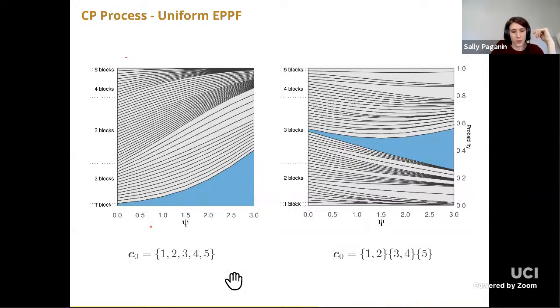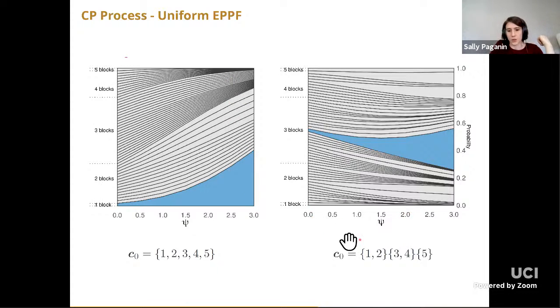In this first plot on the left, C naught is a partition where all the objects are grouped together. For psi equal to 0, all the partitions have the same probability as the EPPF is uniform, but as psi increases, there's more prior mass on C0, and partitions that are close to C0 are more likely than ones that are distant, according to the definition of distance that we chose.